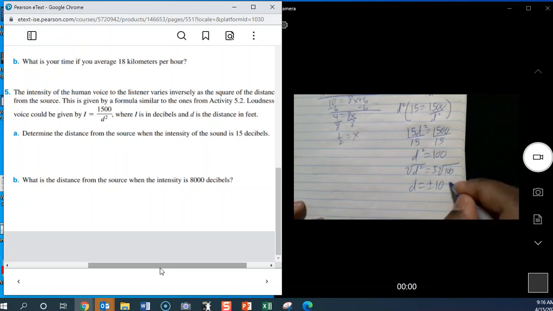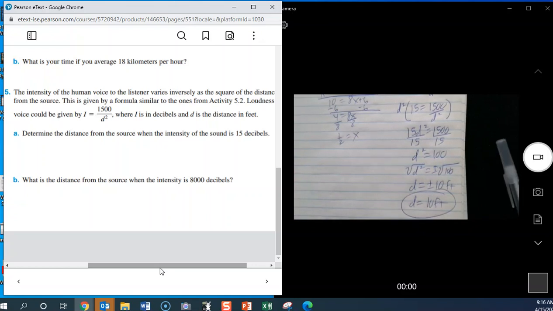You cannot have a negative distance, which we have here with plus or minus 10 feet. So our distance would just be 10 feet, because we cannot have negative 10 feet. So that's how far the distance is for the 15 decibels.